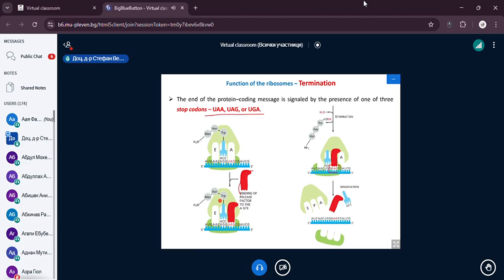Next week we will have lectures in the lecture hall on the territory of the university, and the topics of the lectures next week will be elements of the cytoskeleton.